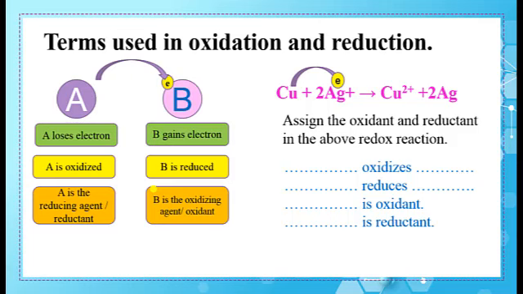Since it undergoes oxidation, it was oxidized by Ag+. Then Ag+ oxidizes Cu. Also, Ag+ undergoes reduction, then it was reduced by Cu. Then we say that Cu reduces Ag+. Then Ag+ is the oxidant since it oxidizes Cu, and Cu is the reductant since it reduces Ag+.